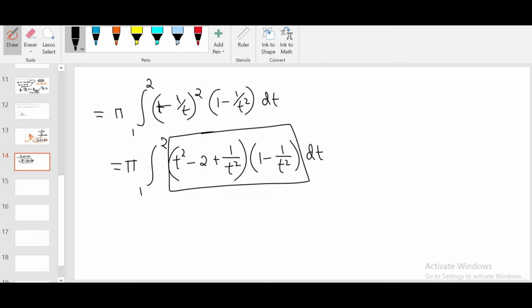So the simplification, if you multiply by 1, you will get t square minus 2 plus 1 over t square. And I take minus t square, 1 over t square, and multiply everything.